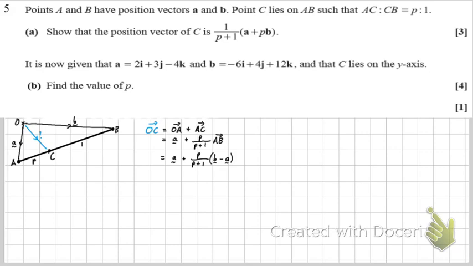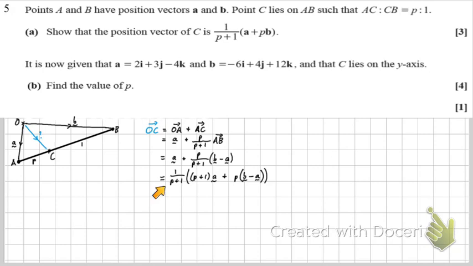So notice that in the question, they've got 1 over p plus 1 factored out of the whole thing. Whereas at the moment, we've currently got 2 terms. So somehow we need to take 1 over p plus 1 out as a factor of both of these 2 terms. So I've done that like this. We've still got this p times b minus a, that's here.